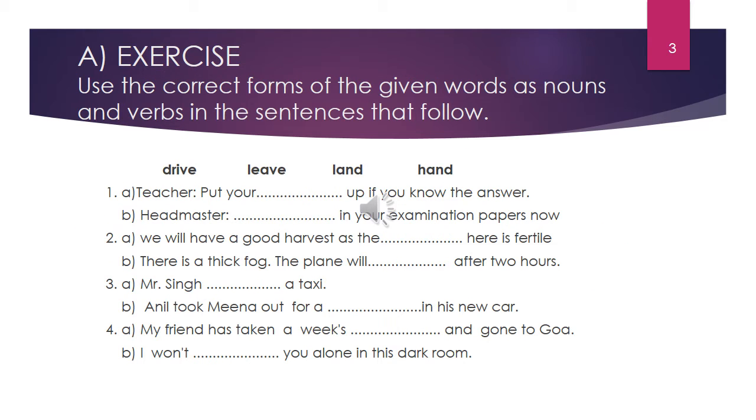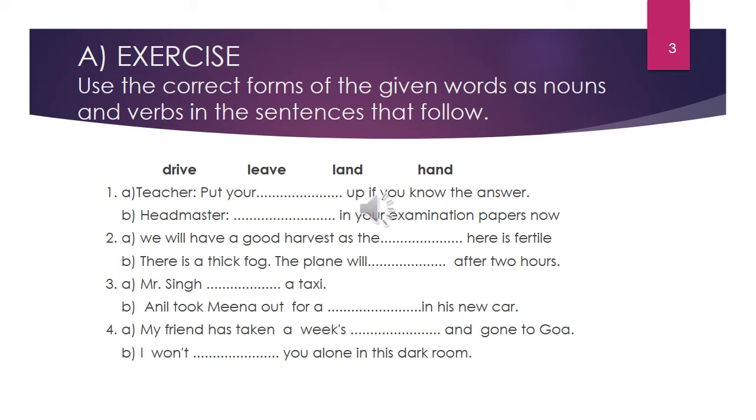So here is an exercise based on what I taught you in the previous slide. Okay, so you have to use the correct form of the given words as nouns and verbs in the sentences that follow. Okay, so there are 4 words like drive, leave, land, hand. So all these four words are there, and I think actually these words are not so difficult.